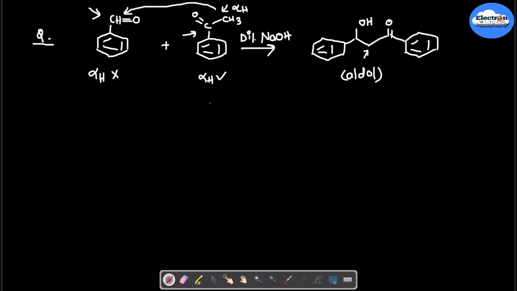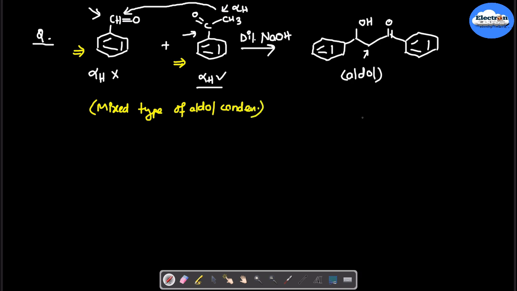So the criterion is that at least one compound should contain alpha hydrogen. As this aldehyde group and the other keto group have different nature, this can be called a mixed type of aldol condensation.